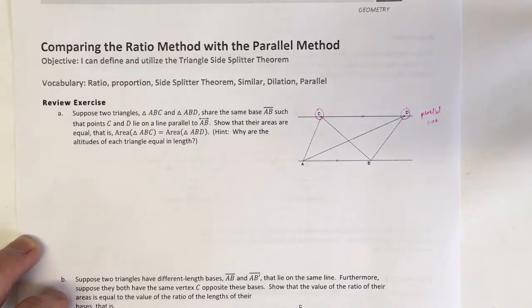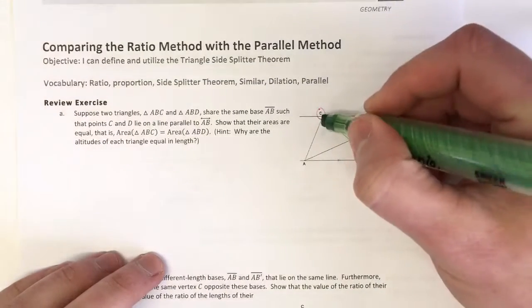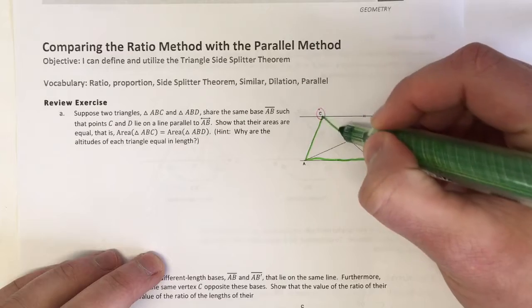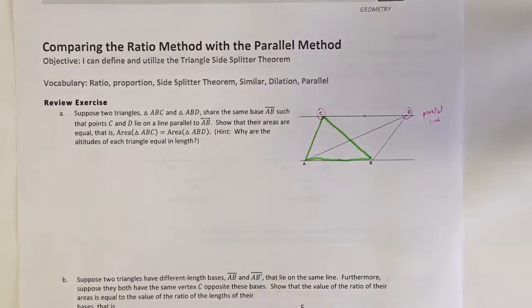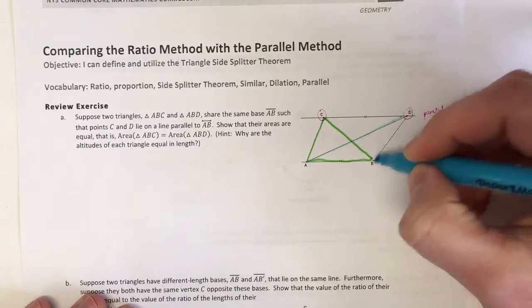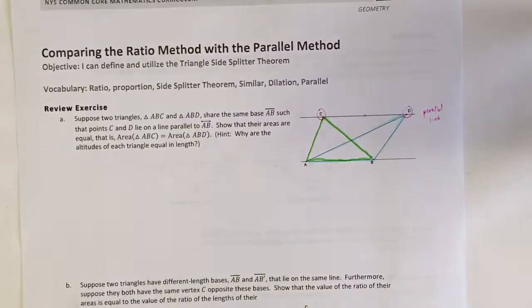Okay, and from there you can see the triangles. And so we've got this green triangle paired up with this blue triangle. And there's something else that's really important.